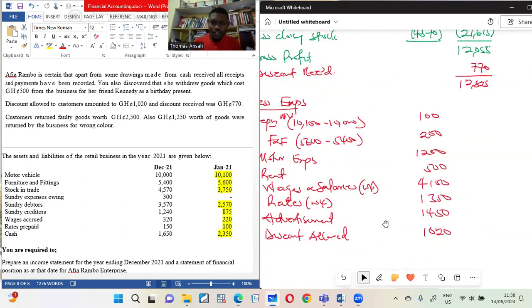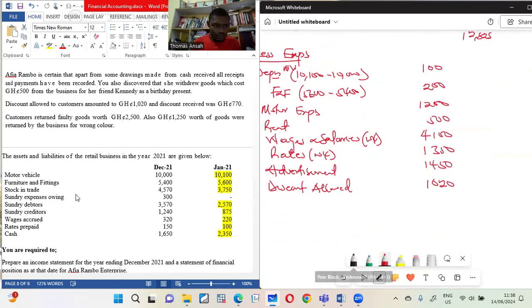We have sundry expenses owings. All right. Owings. It's very tricky that you may forget some of these things. So be careful. All right. So that is 300. Because by accrual concept, we will record a thing that has been incurred. Not only those ones cash and cash has been paid for it.